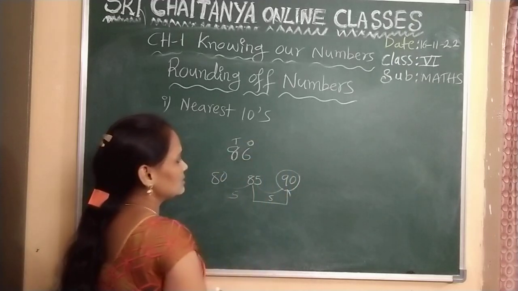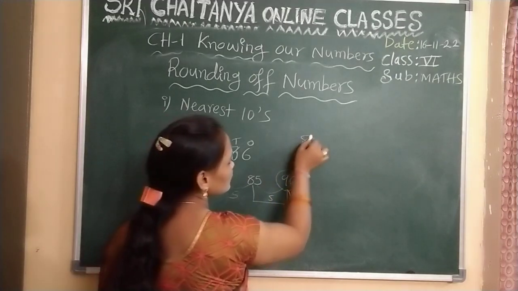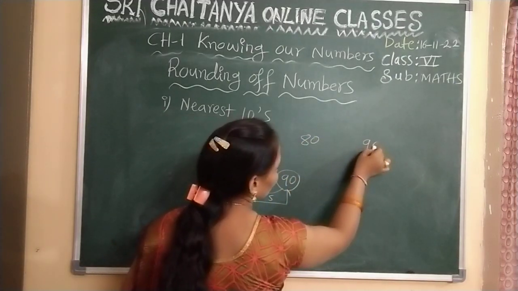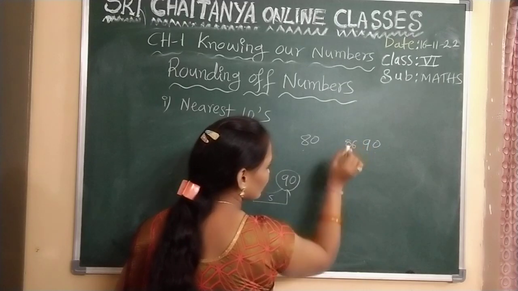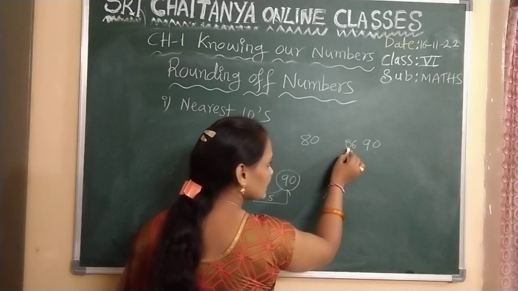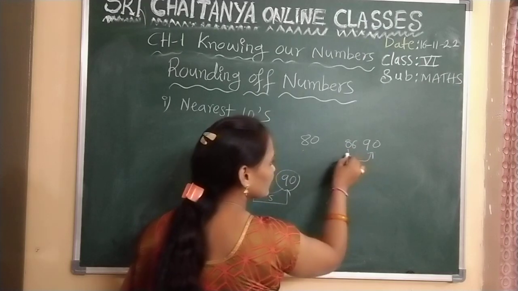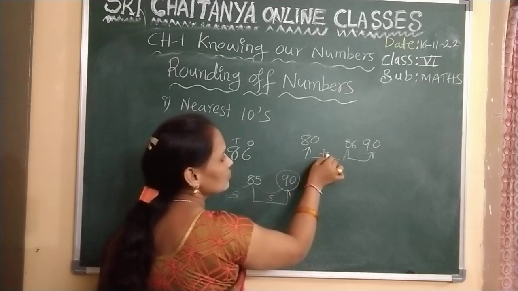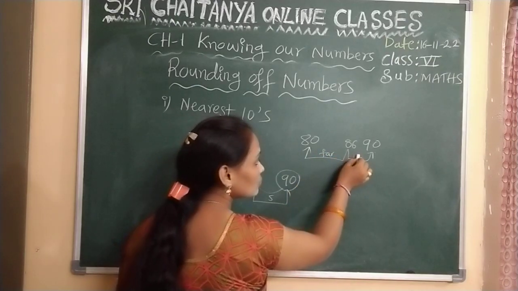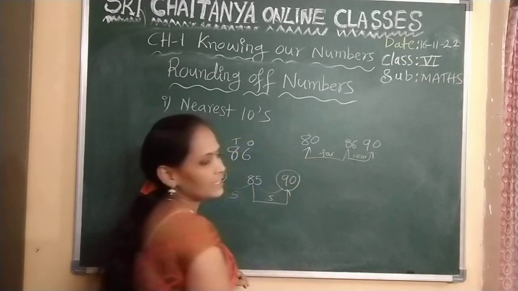Okay, here 86 is there. So 86 lies between 80 and 90. It is near to 90 and far from 80.